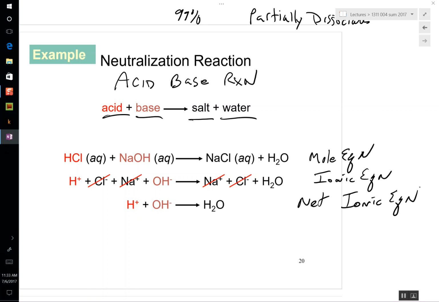You got sodium chloride aqueous as your product. Scratch those out of there. There's your net ionic equation for an acid-base reaction. The acid is being neutralized by the base, and you're forming salt water, which is neutral. Sodium chloride solution is neutral. It should have a pH of about 7.